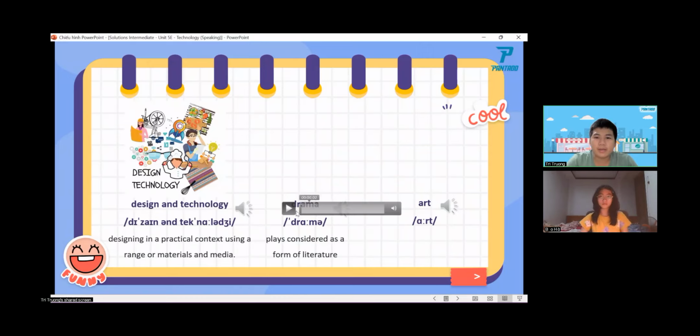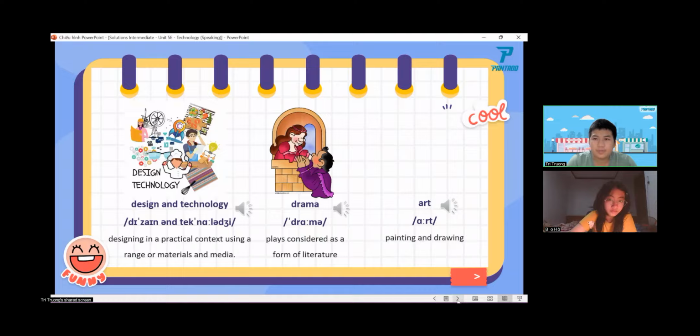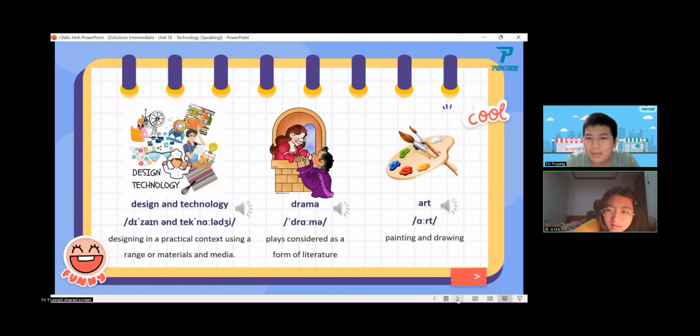The next one, drama. Looking at the second picture, do you know what drama this is? Kịch à, cái vở kịch. My question is, look at the second picture.